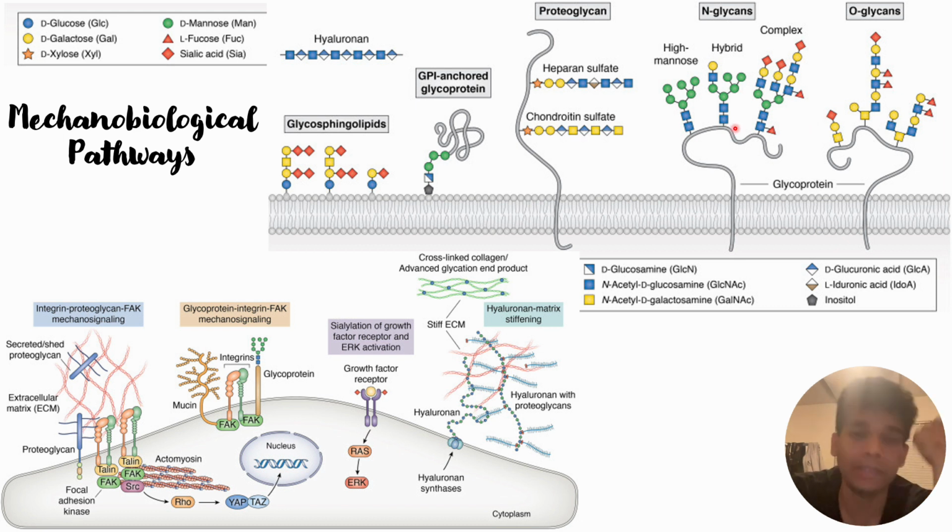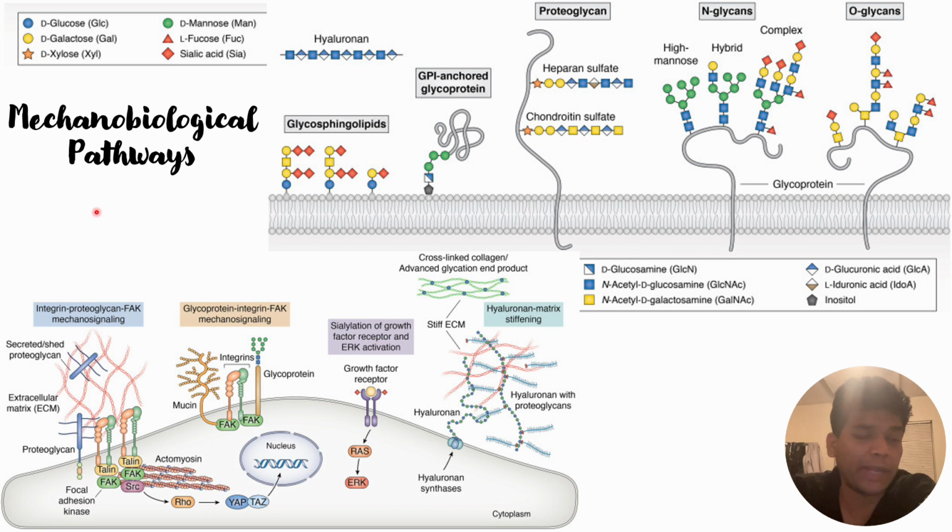These N glycan structures are found on the asparagine residue of the chain of amino acids. The last part of the glycans is the O glycans, which are found on serine and threonine residues of these proteins, and they begin with GalNAc followed by galactose, that can be seen here.